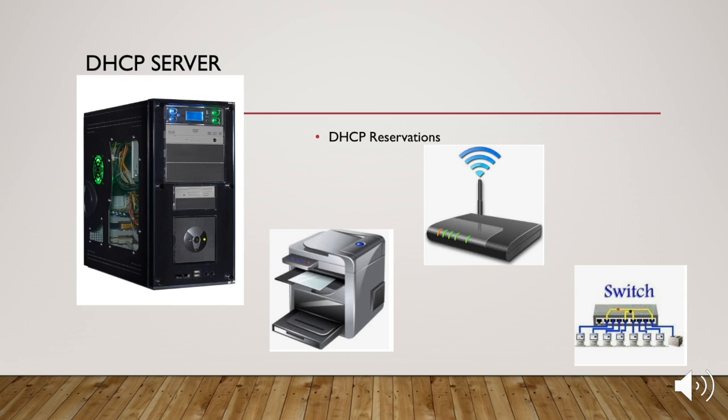When the DHCP sees the specific MAC address, it will issue the device that assigned IP address every time, which makes it sort of like a static IP address.